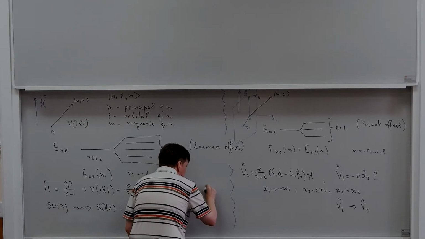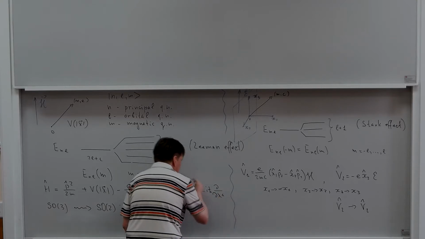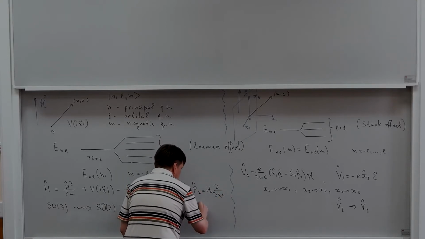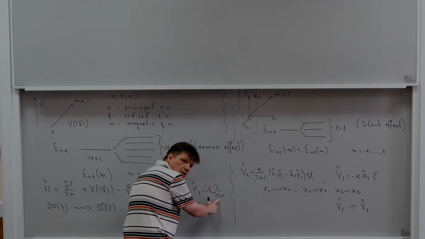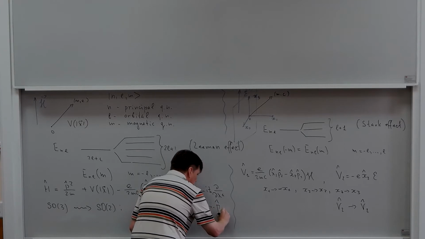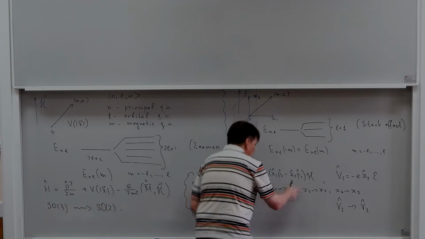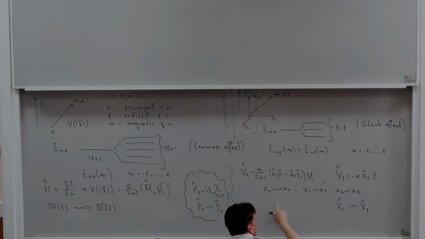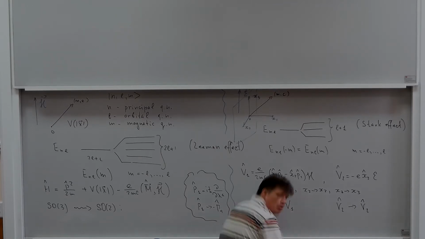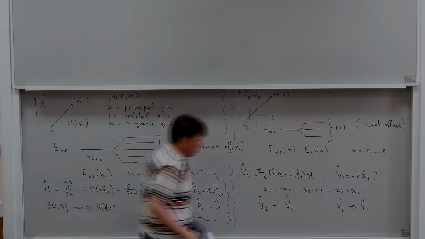P1 is given by i h-bar d over dx1. So when we change the sign of x1, P1 goes to minus P1. So under this reflection, the operator V1 is not invariant. It changes its sign.